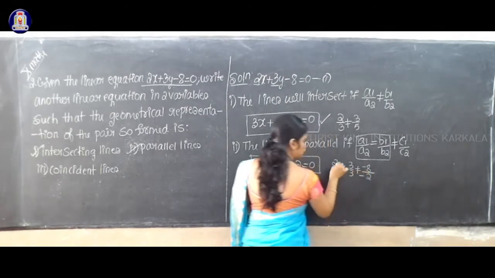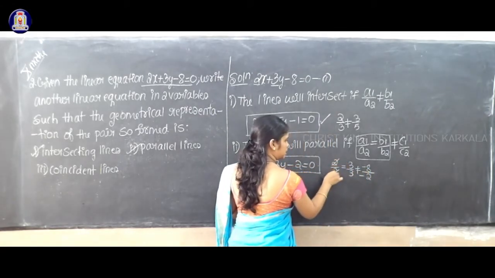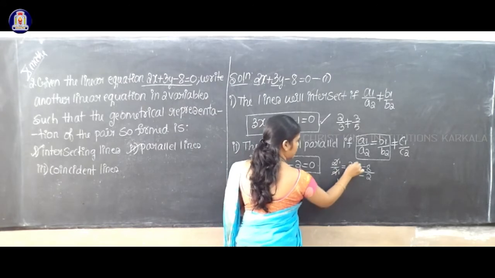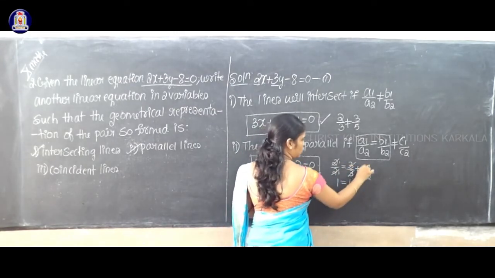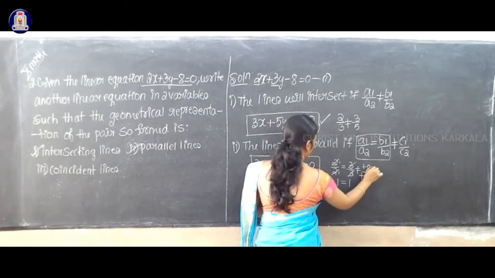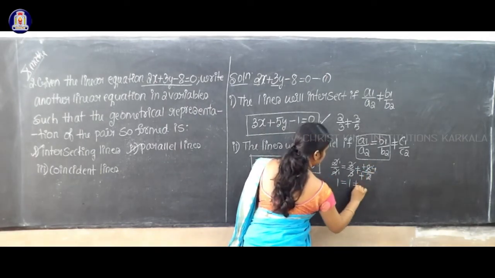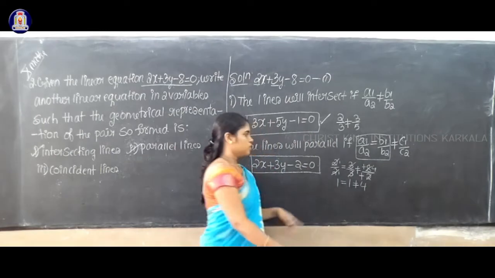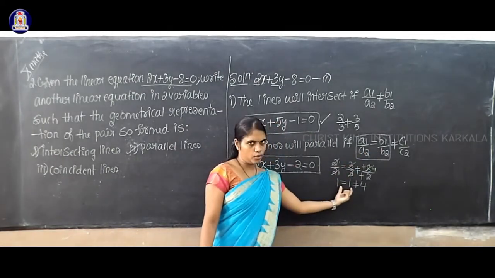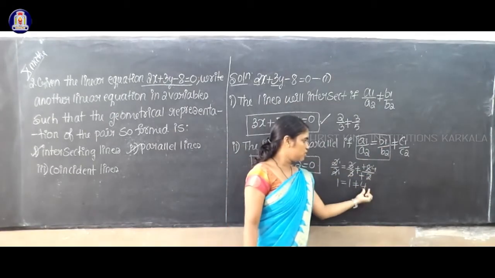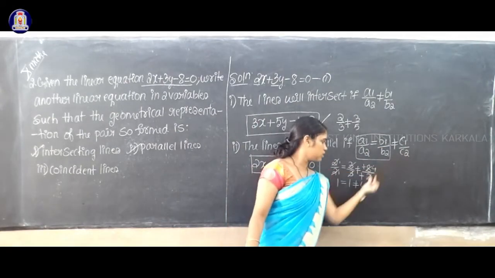So 2 and 2 cancel, you will get 1. Again 3 and 3 cancel, so you will get 1. And minus 8 by minus 2 is 4. So 1 is equal to 1, and this is not equal to 4. The first two ratios are equal, but this is not equal to the third ratio.